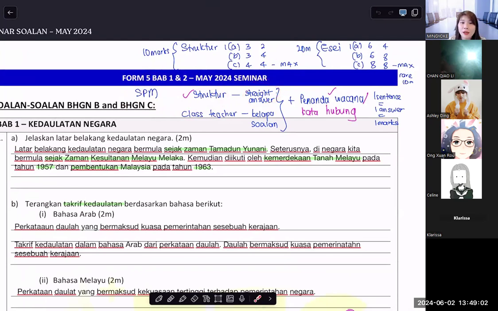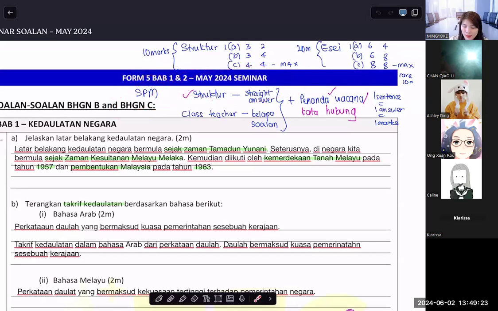But because now is your first term exam, later on your midterm exam, who mark your paper? School teacher, class teacher. Okay. So class teacher have another standard. Meaning if you go to SPM, you can straight answer.